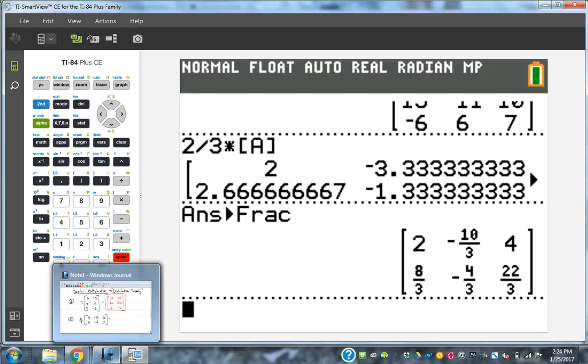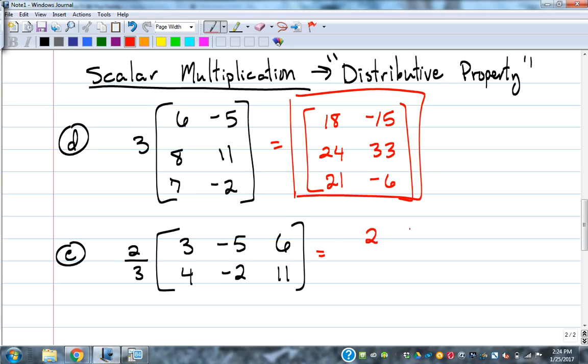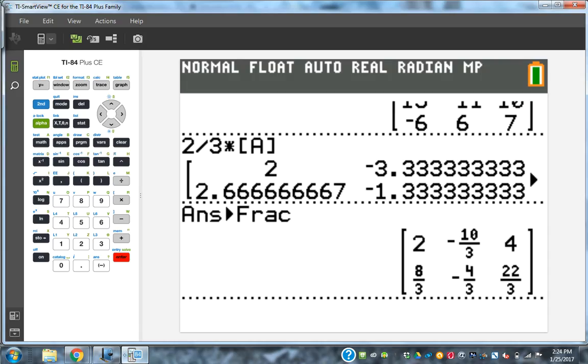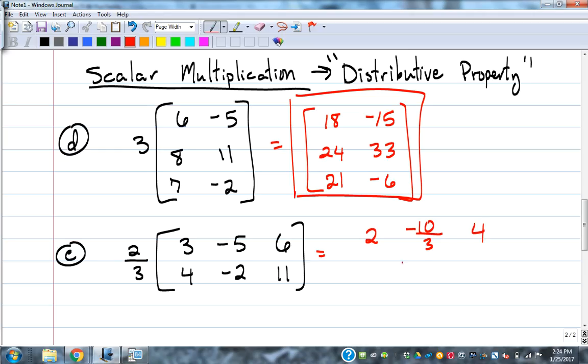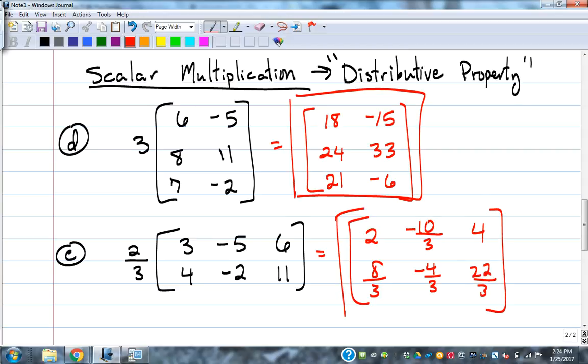Alright, so that's our matrix. 2, 10 thirds, 4, 8 thirds, -4 over 3, and 22 over 3. Alright, so there's our resulting matrix.